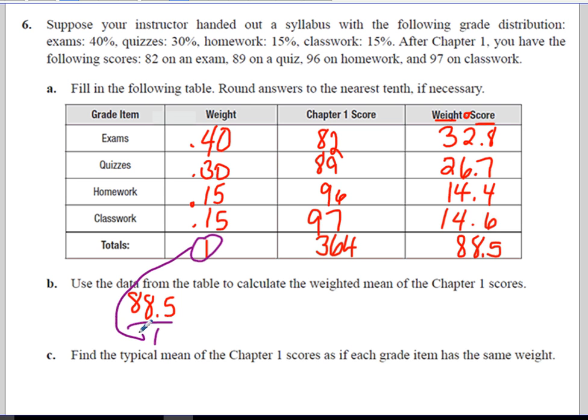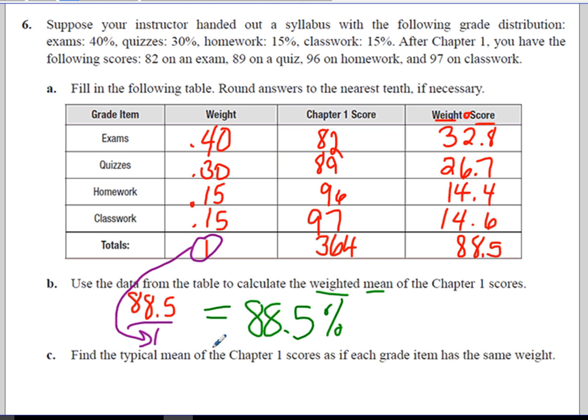That's where that comes from. But anyway, since we're always dealing with 100%, you can just ignore that dividing by 1. And so the weighted mean is 88.5%.